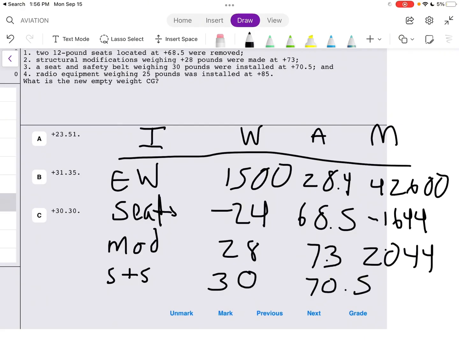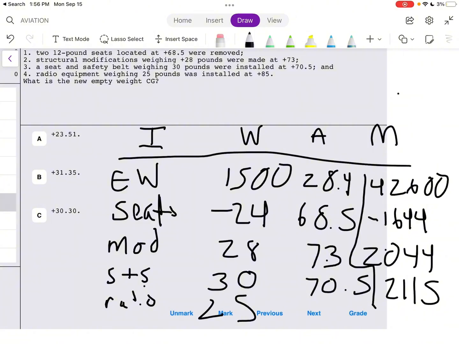I'm getting a little disorganized here too, so I'm just going to go like this. 30 times 70.5, and that is 2,115. And then finally, radio equipment, that was 25 pounds, was installed at station number 85. So finally, 85 times 25, and that is 2,125.